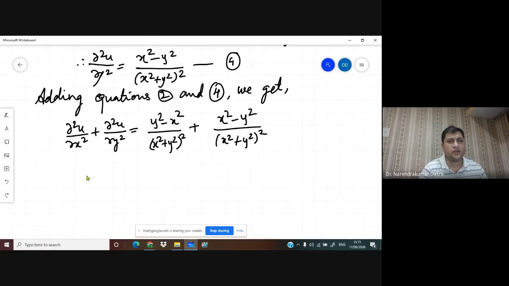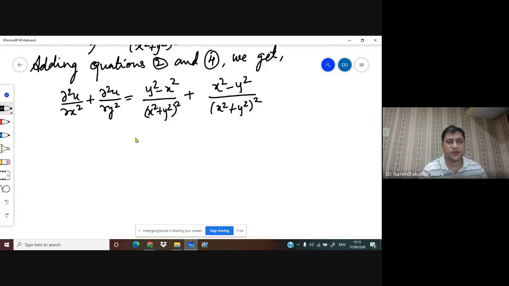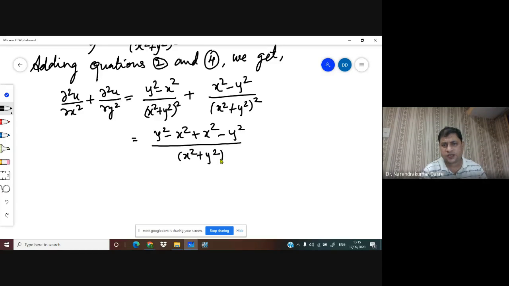Now we simplify this, so we can have (y² − x² + x² − y²) upon (x² + y²)². You can see this y² and minus y², this minus x² and x², so we get 0.